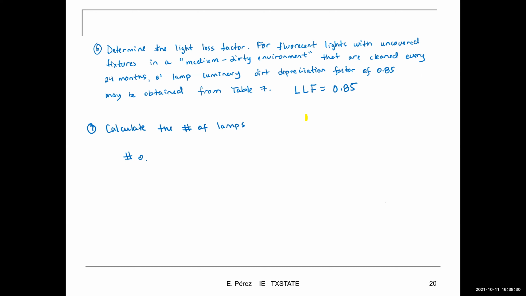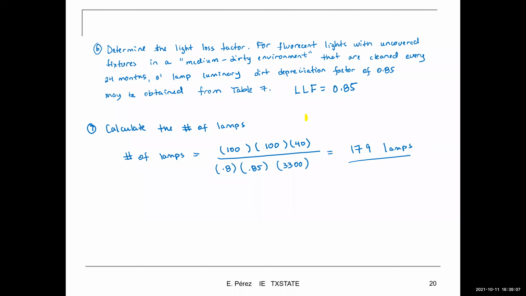Number of lamps equals, so this is 100 foot-candles. The area is 100 by 40. And the coefficients are 0.8, 0.85, and 3,300. And this is going to be equal to 179 lamps that are needed for this facility.